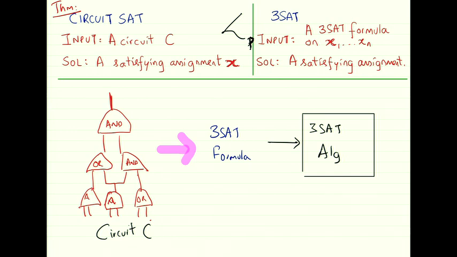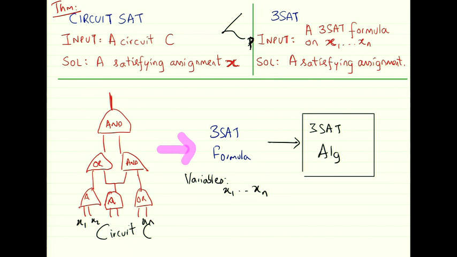Now I need to construct this 3-SAT formula and decide what the variables of my formula are. The variables are, of course, going to be the inputs of the circuit, x1, x2, through xn. But I think I need more variables.